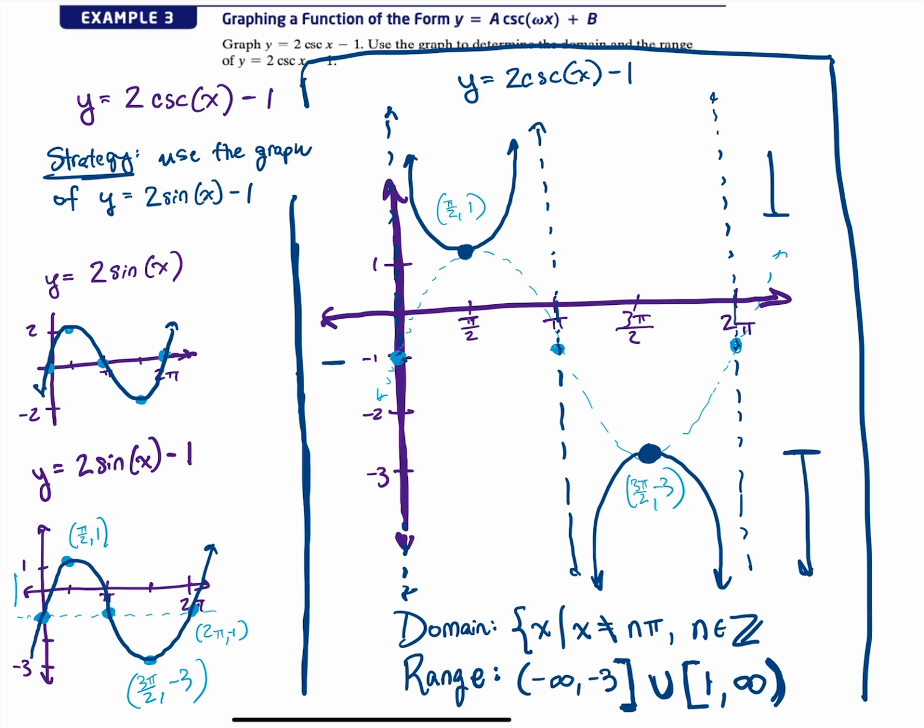This got shifted, so it's no longer exactly where it's crossing the x-axis, but this is that central axis for the sine. That's where your asymptotes will be. And then the cosecant joins with the sine function at these maximum and minimum points, and then goes up to infinity and down to negative infinity.